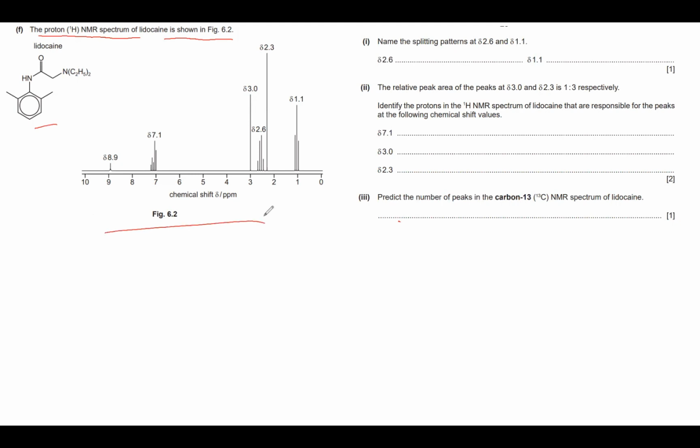The first question is, name the splitting pattern at 2.6 and 1.1. So at 1.1, here we have a triplet. And on 2.6, where is 2.6? Yeah, here we have a quartet. This is the first part of the question.